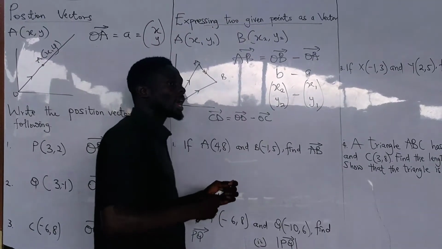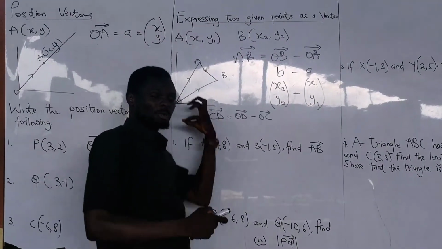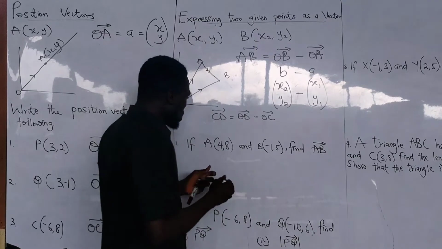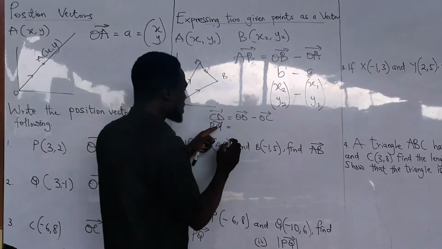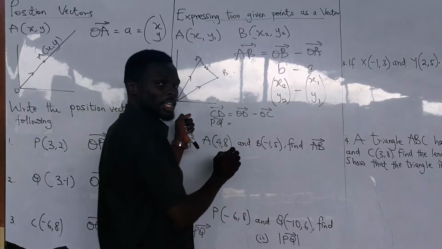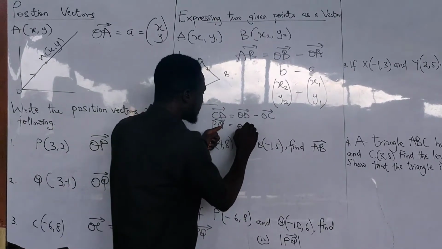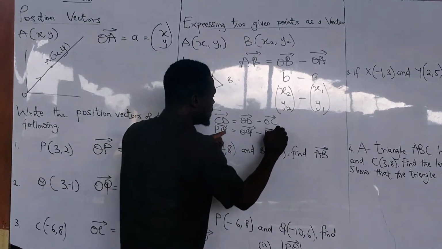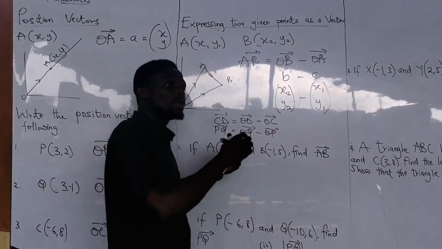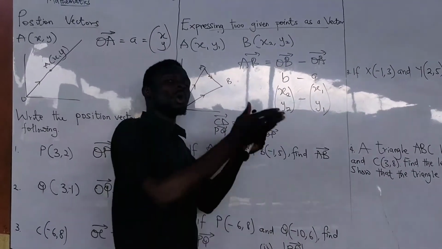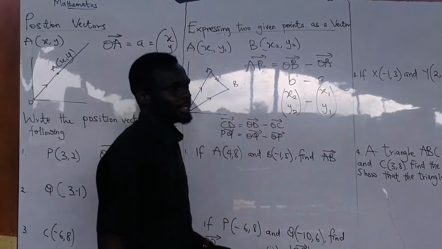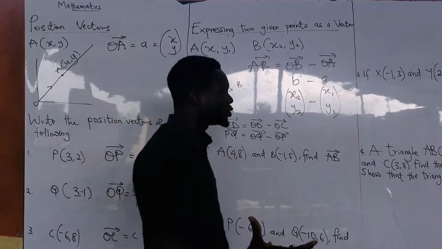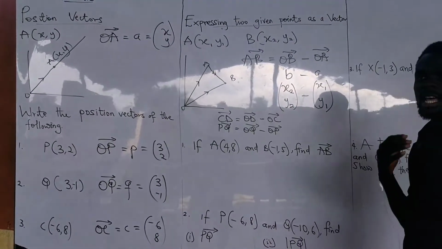Always we subtract the first from the second point. If I give you vector PQ, you are going to say OQ minus OP in that order. If I give you XY, it means OY minus OX. Then we say you've expressed the two given points as vectors.